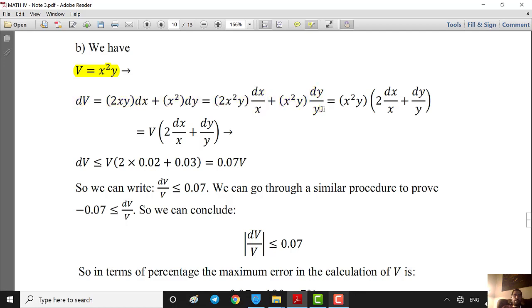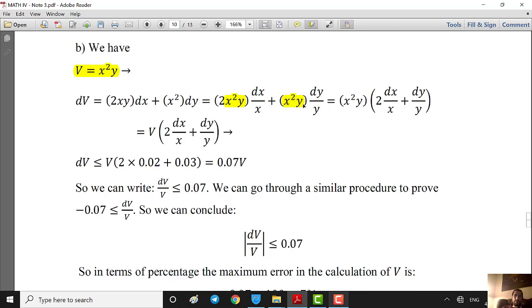And here we are lucky. On the right-hand side, we were looking for something that can be factorized and is equal to V. So as long as V is equal to x² times y, we have a V here and we have a V here.